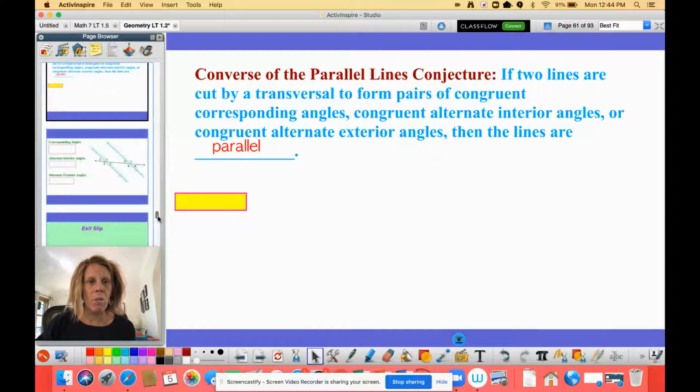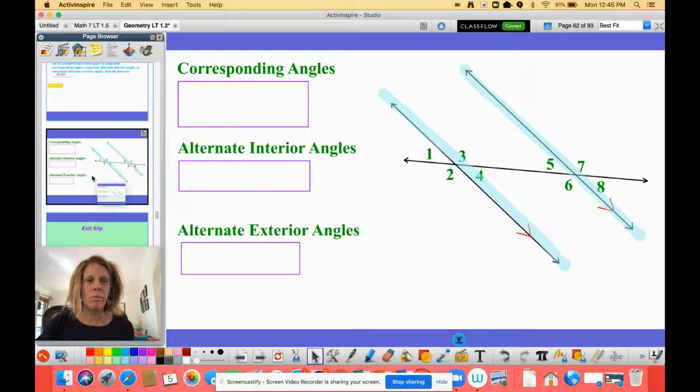And then I think we have one more thing to do. For this last piece, I want you to draw this sketch in your notebook and quiz yourself to see how you do with naming corresponding angles, alternate interior angles, and alternate exterior angles.